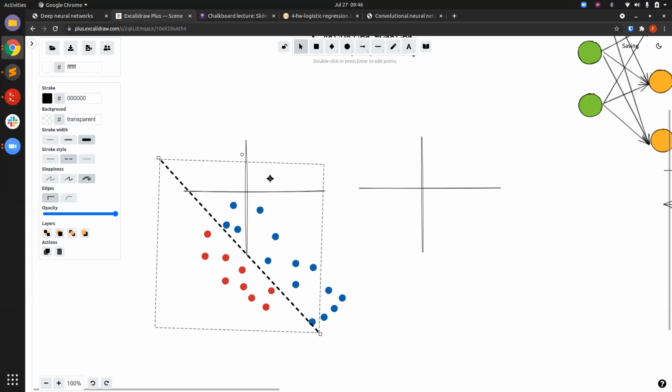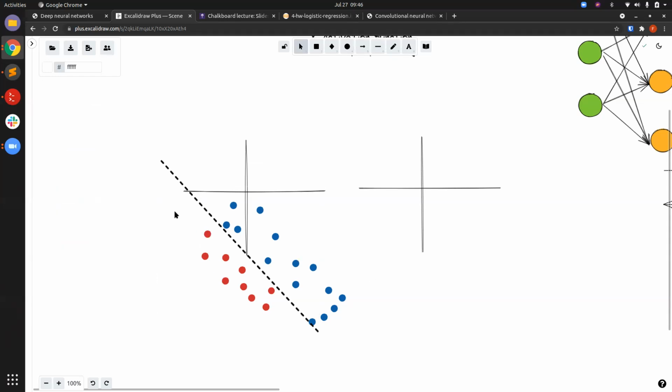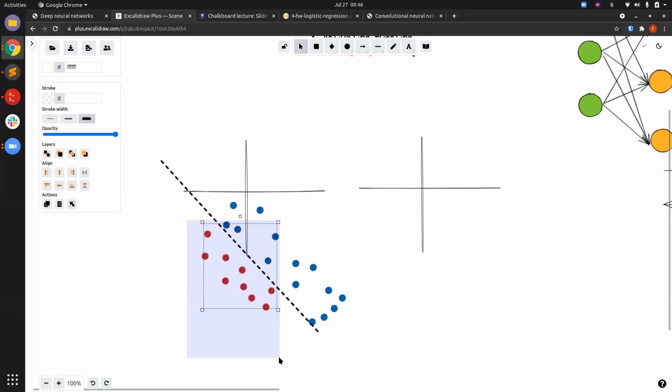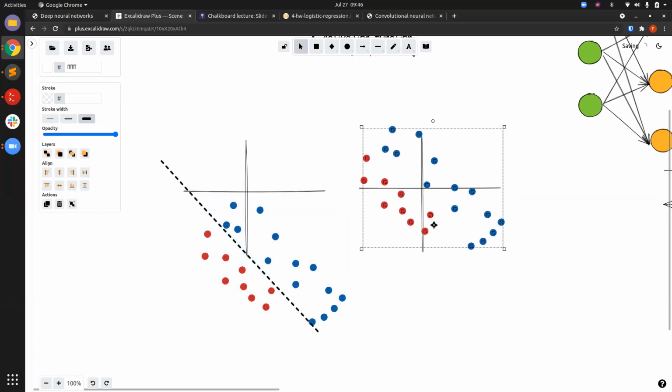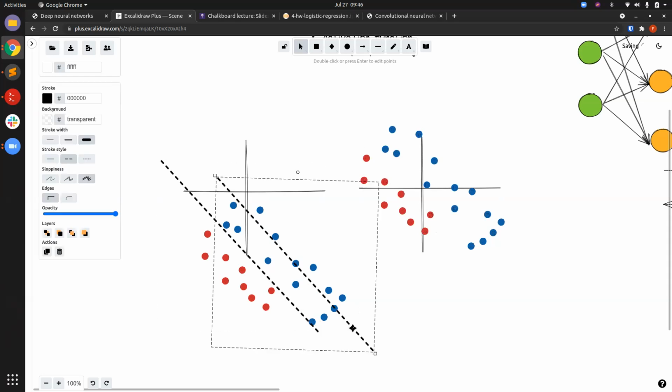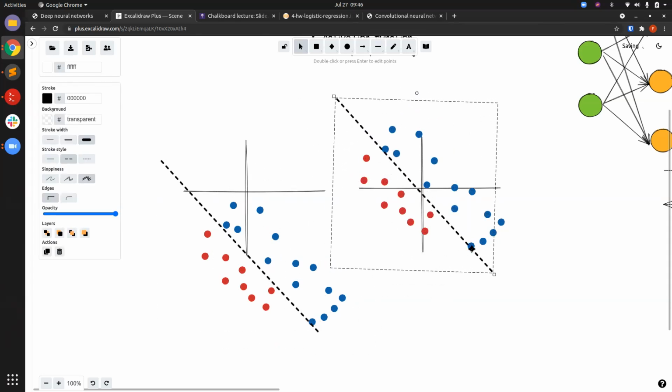Let's compare this network to an equivalent network that's centered at the origin. Which one is going to be more sensitive to a small change in weights?